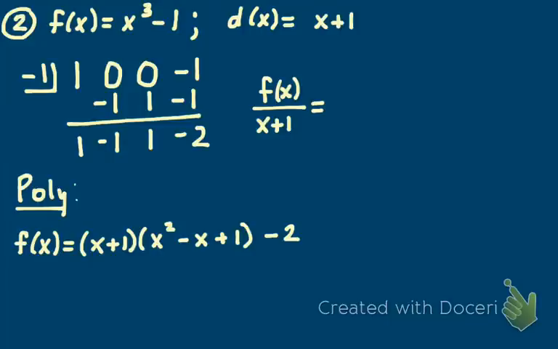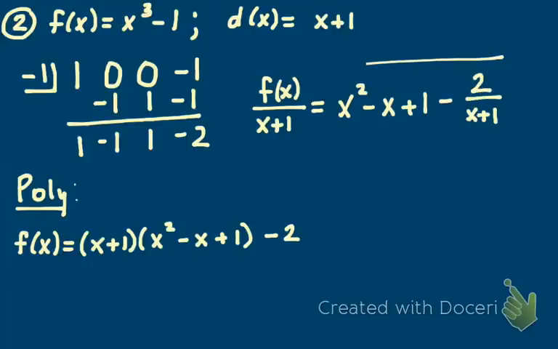But this one you just write the polynomial from the bottom, so that's going to have a similar set of terms related to the polynomial form. So this is the thing that we got at the bottom, and then you always just write that, and then your remainder you write minus 2 over the thing you divided by, which of course in this case was x plus 1. So this would be your fraction form.